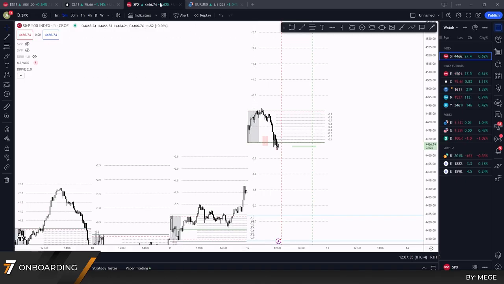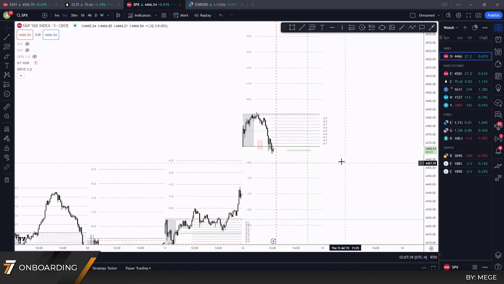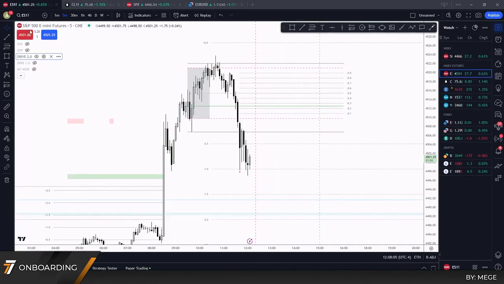Because the SPX nobody can trade. It's an index that is not tradable. Yeah, so nobody can trade the SPX directly. You can trade options on it, but if you want a tradable instrument, then obviously you need to use ES.